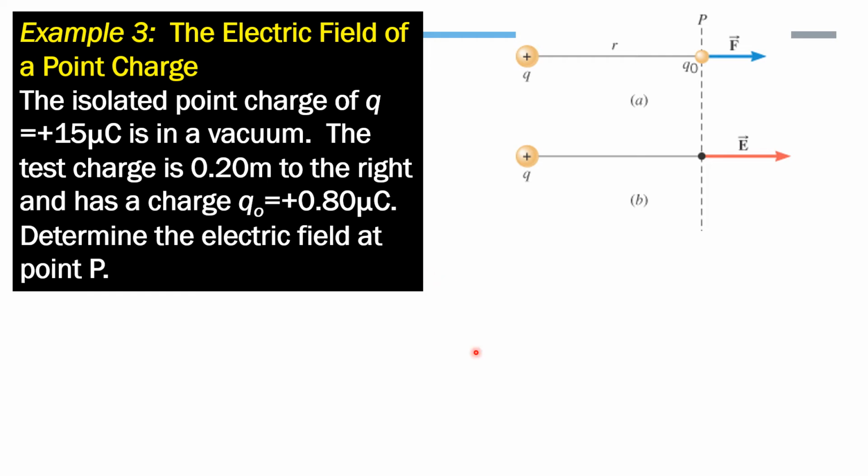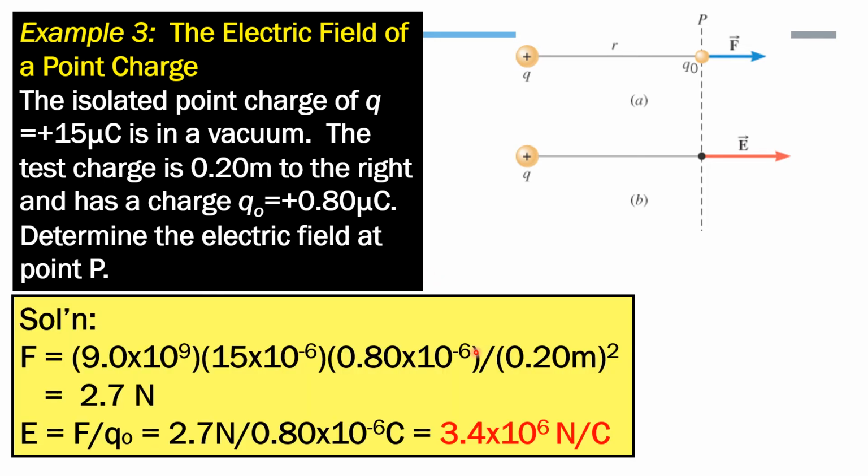So our first solution is to first determine the amount of force F that the test charge experiences simply using Coulomb's law equation. We just substitute the given and we get the amount of force equals 2.7 Newton.